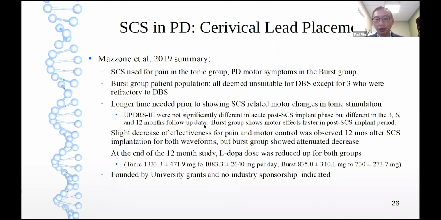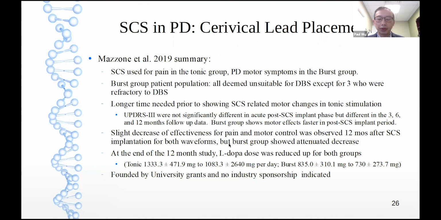UPDRS3 was not significantly different in the immediate post-op spinal cord stimulation implant phase, but it showed a difference in the month 3, 6, and 12 follow-up data. However, in the burst group, the motor effects from the spinal cord stimulation seem to be faster and can be seen in the post-spinal cord stimulation implant period.